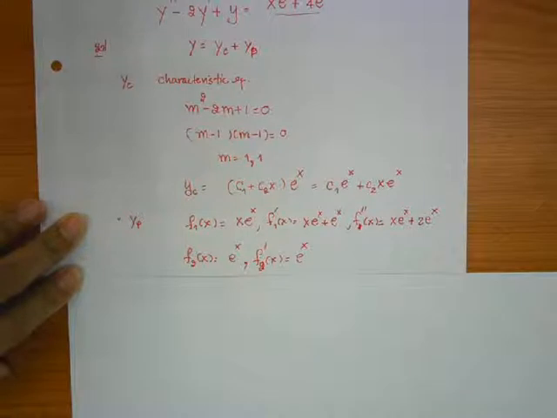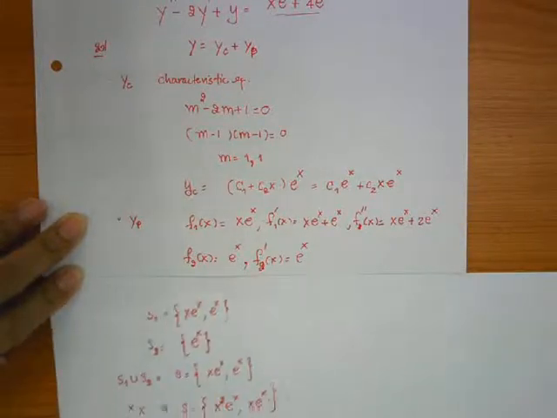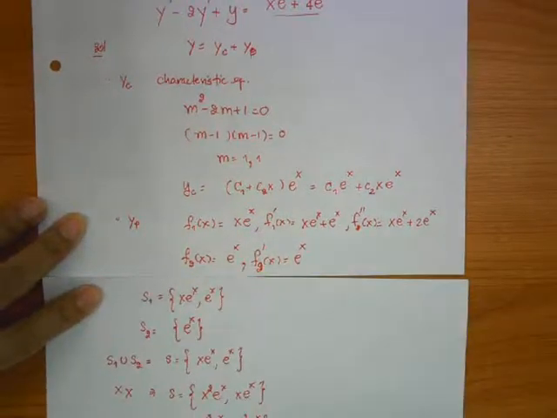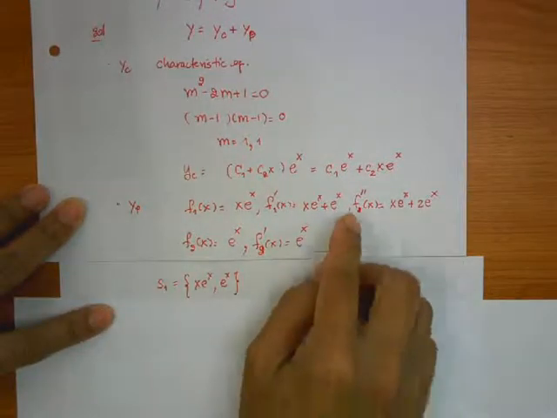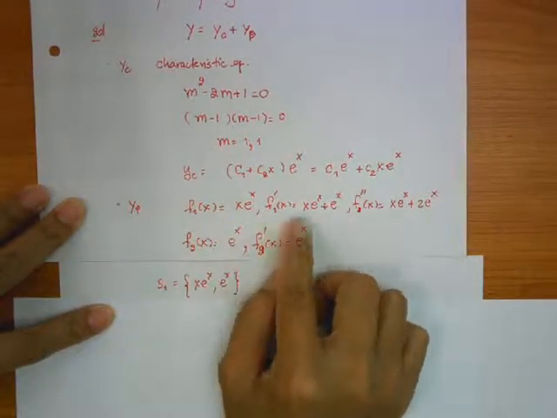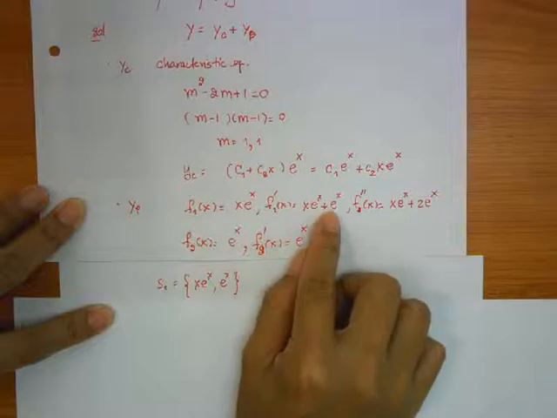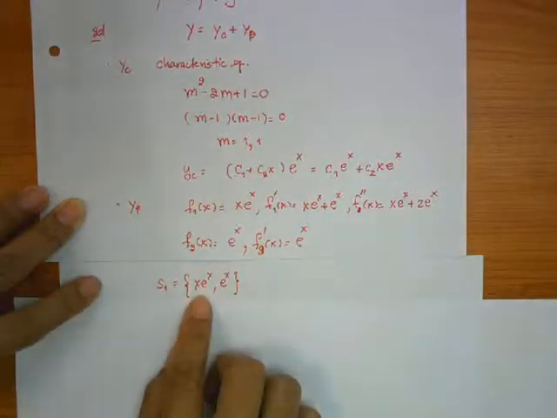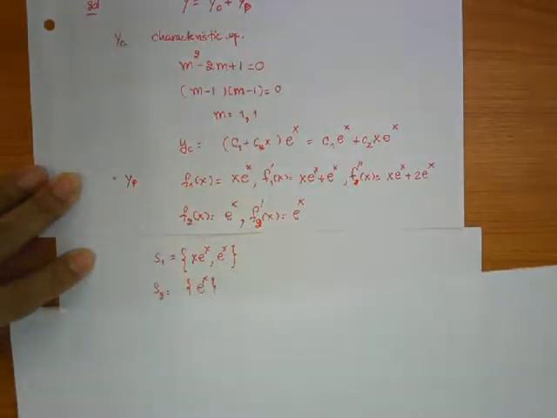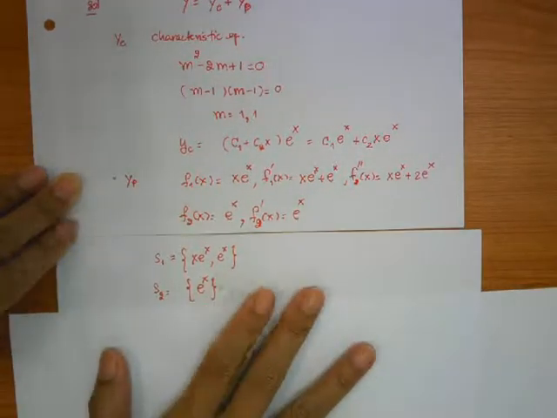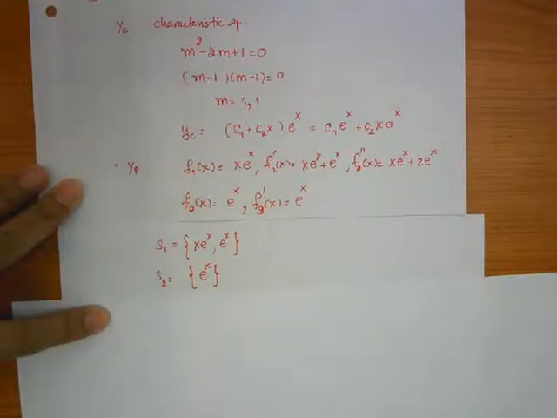Then we are going to write out the UC set of function 1 and function 2. For function 1, you see that you have two functions here, which is x times exponential of x and exponential of x. You write down. And for function 2, you have exponential of x. So in this case, you are going to write down the UC set of your f(x).